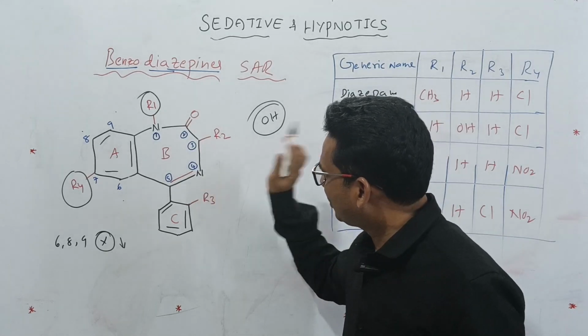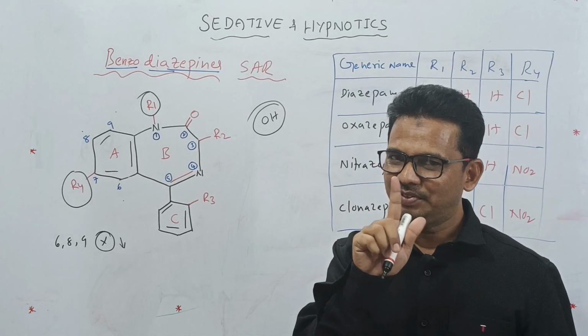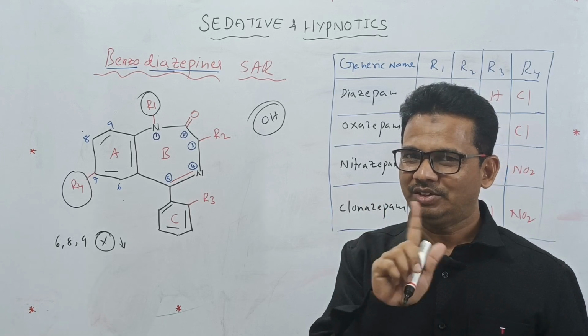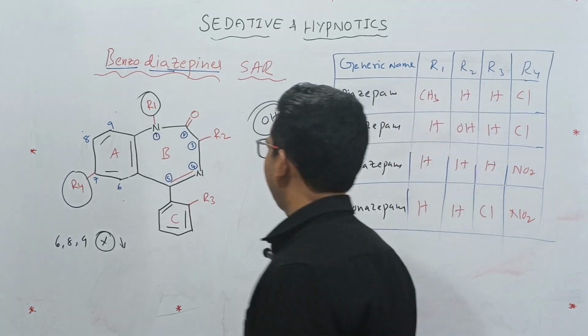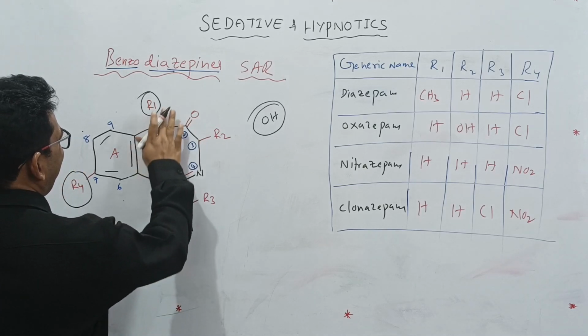That's why the double bond should always be present between 4 and 5. Remember this. You cannot change this.